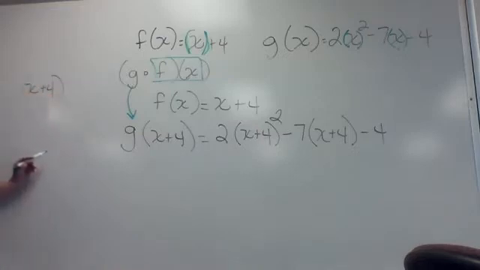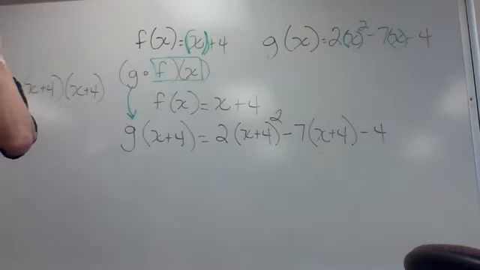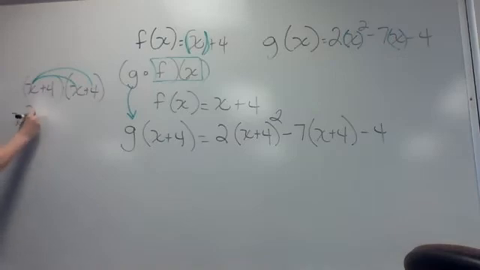x plus 4 squared means x plus 4 times itself. Right? That's what you do when you square something: you multiply it times itself. So I'm going to have to FOIL here. x times x is x squared. x times 4 is 4x.